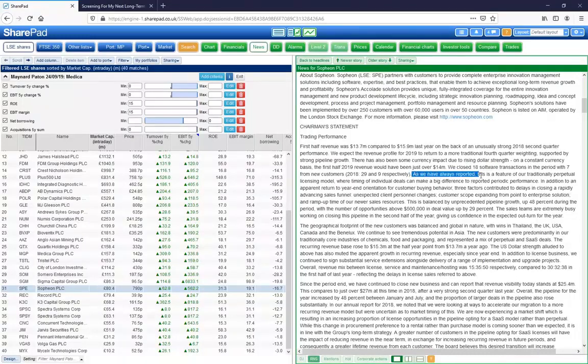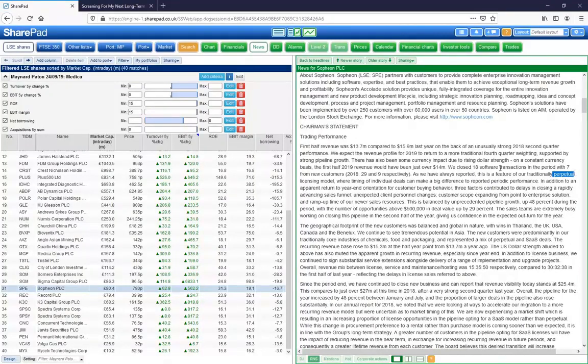And if we look at this next line, they talk about a traditionally perpetual licensing model. Perpetual is interesting. I wonder if these are one-off contracts. If you buy a perpetual license, you pay, and then that's it. Maybe you pay a bit more later if you want to upgrade, but essentially these could be one-off contracts.